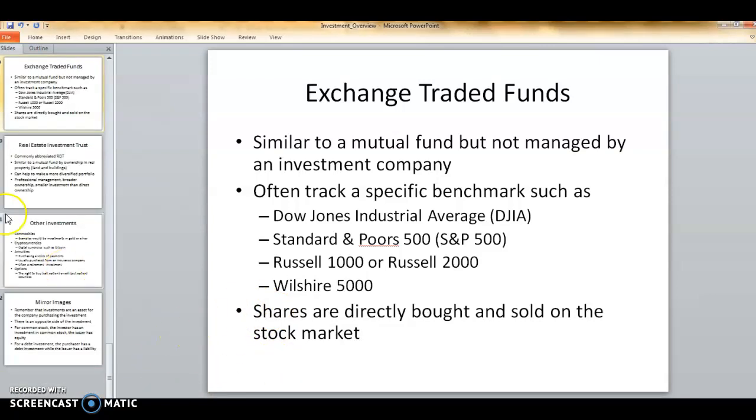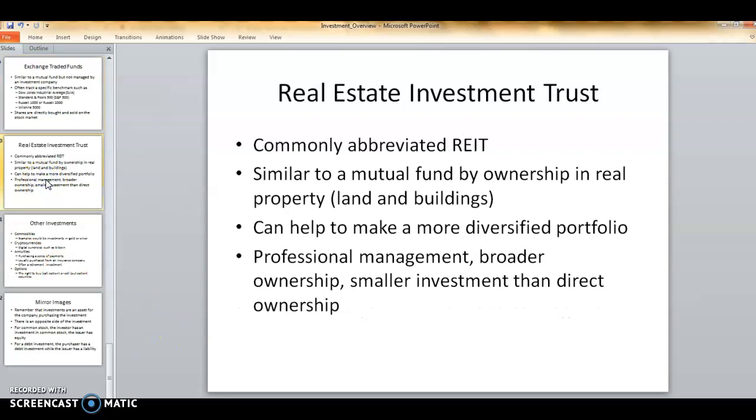All right. Real estate investment trusts are commonly abbreviated as REIT. It's a way for somebody to invest in real estate without putting a whole lot of money into that real estate investment. So you're basically buying into something similar to a mutual fund, so you have shares in this real estate investment trust, and the assets that are owned by that trust are real property, which is basically land and buildings.